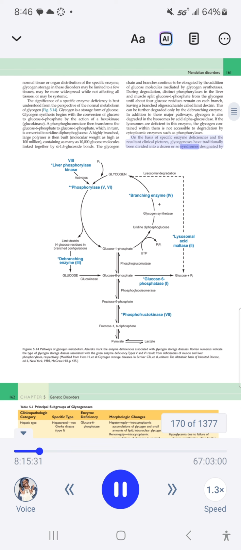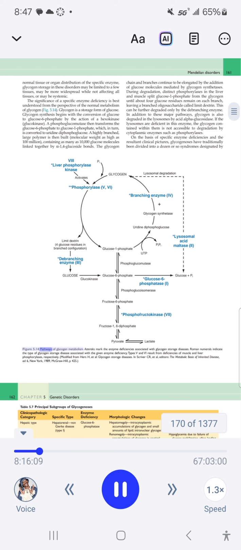divided into a dozen or so syndromes designated by Roman numerals. Figure 5.14. Pathways of glycogen metabolism: liver phosphorylase, glycogen lysosomal degradation, branching enzyme, glycogen synthetase, limit dextrin with 4 glucose residues in branch configuration, glucose-1-phosphate, uridine diphosphoglucose, lysosomal acid maltase, debranching enzyme, phosphoglucomutase, glucose-6-phosphate, glucokinase, glucose-6-phosphatase, phosphoglucoisomerase, fructose-6-phosphate, phosphofructokinase, fructose-1,6-diphosphate, pyruvate, lactate.